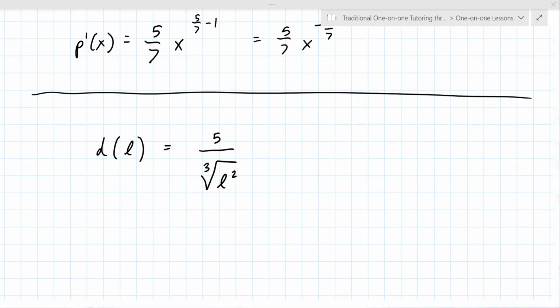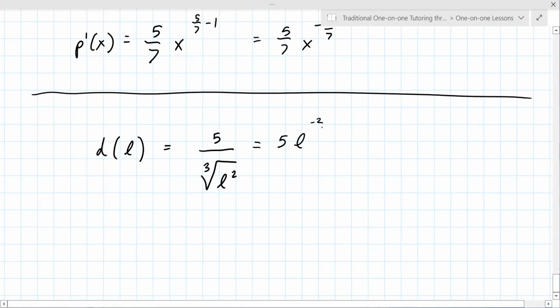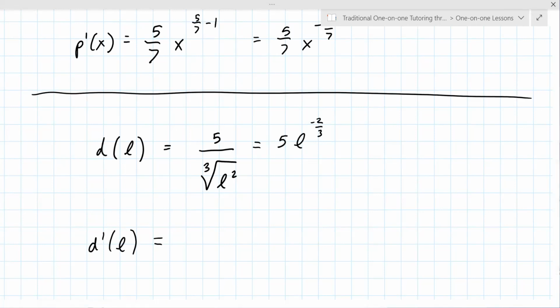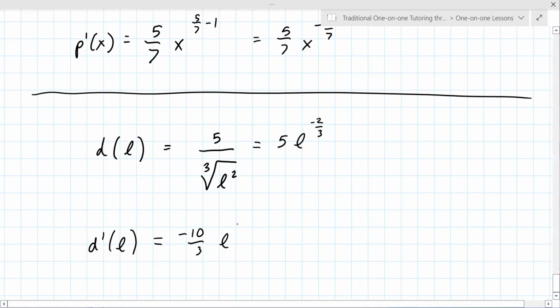L to the 2/3. 5 L to the negative 2/3, and then negative 10/3 L to the negative 5/3 is what I got. Yes, that's correct. Okay.